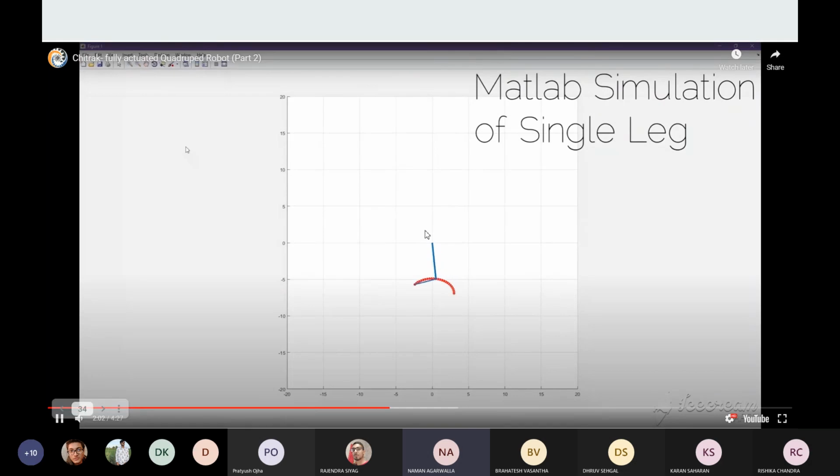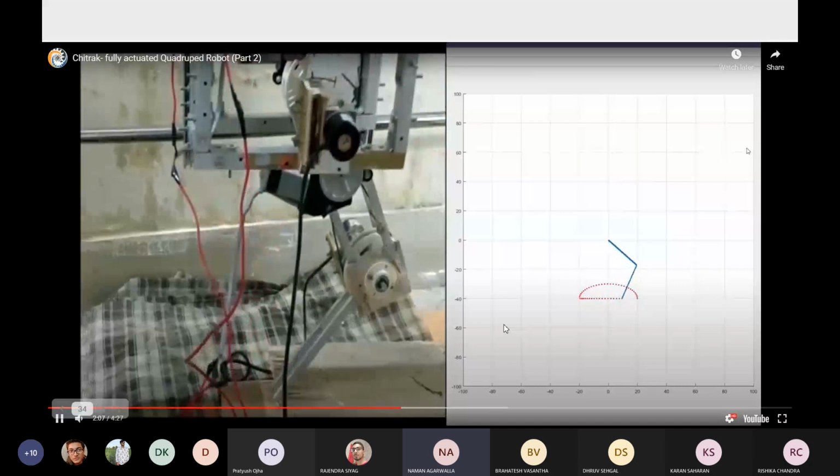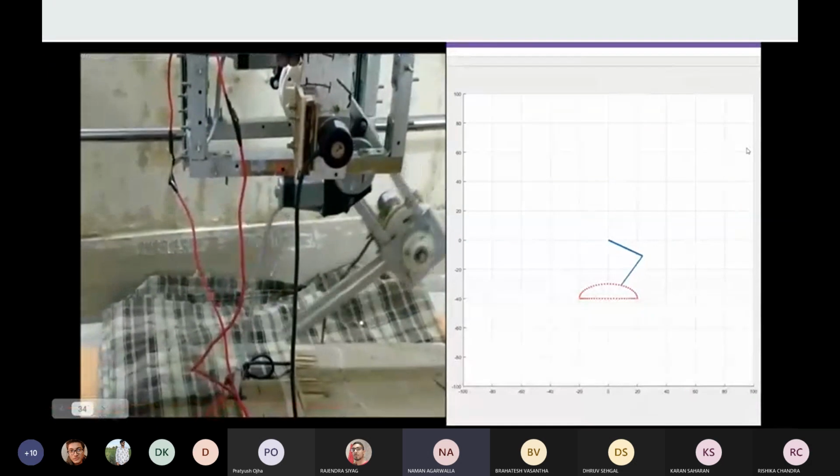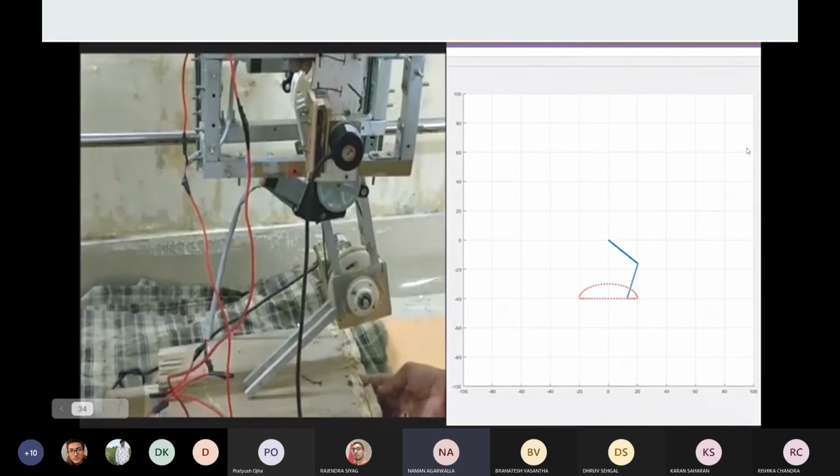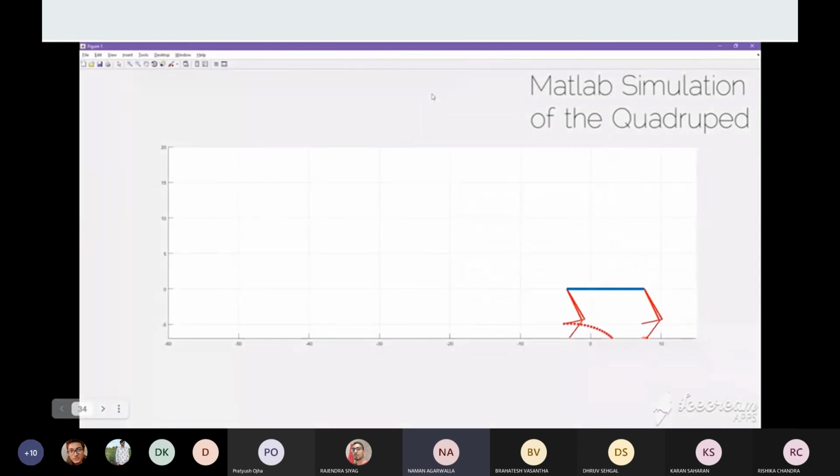Here I have a video snippet to show how we apply inverse kinematics. That's a MATLAB simulation of a single leg of our Chitrak project. We applied inverse kinematics in the sense that we first decided the trajectory of the endpoint of the leg.